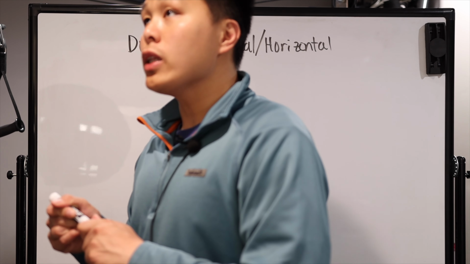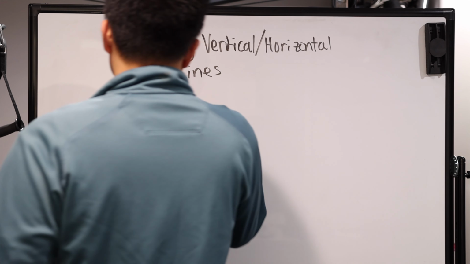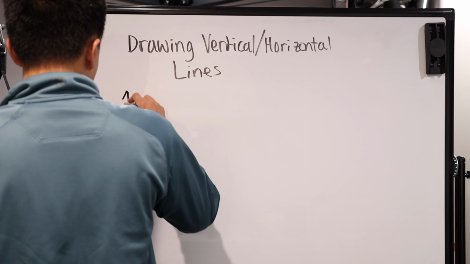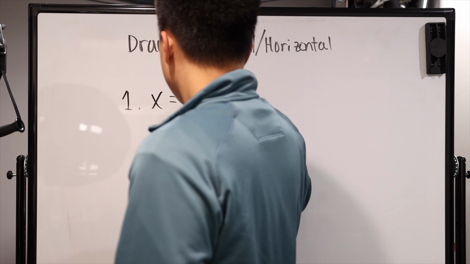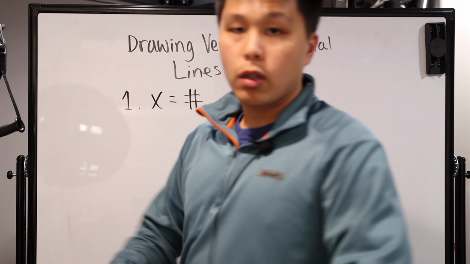Now there's actually only really two steps, right? So step number one, if you have x equals some number, draw a line parallel, basically two lines that never cross, parallel to the y-axis at that number.